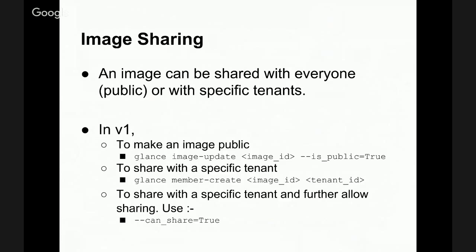In V1, in order to make an image public, there was an attribute called public, which you could use to manipulate its privacy settings. You could share with a specific tenant, and you could also allow them to share further. There is an attribute called can share, which when set to true, lets the person you have shared this image with further share it. It's like a Facebook post.